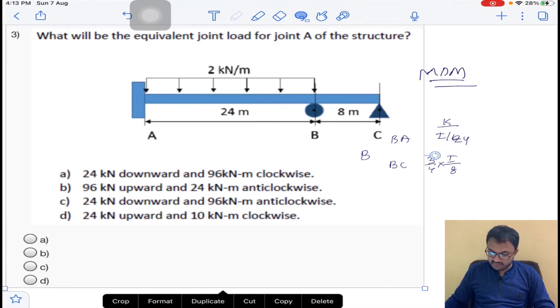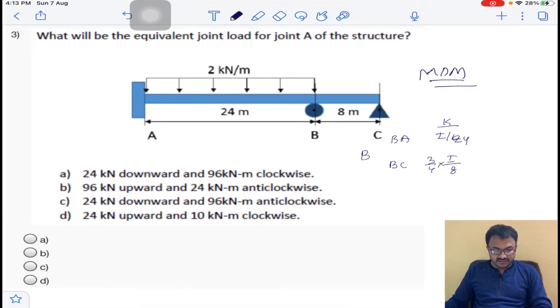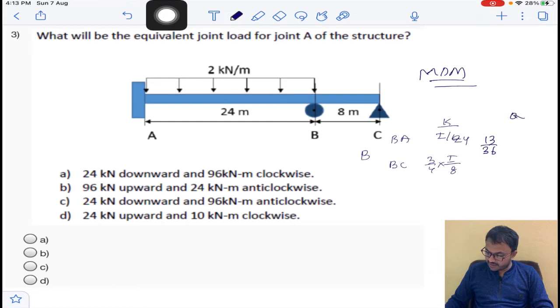Whenever you add both of these, you will get 13I by 36. So the distribution factor for member BA will become I by 24 divided by 13I by 36.